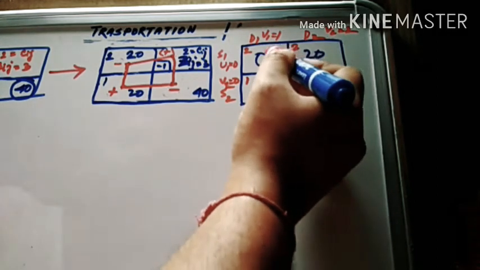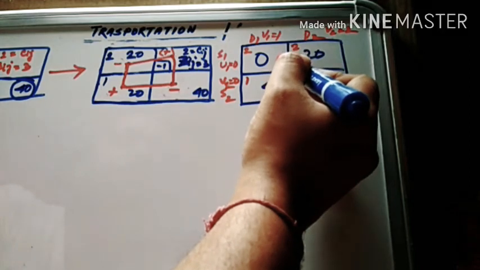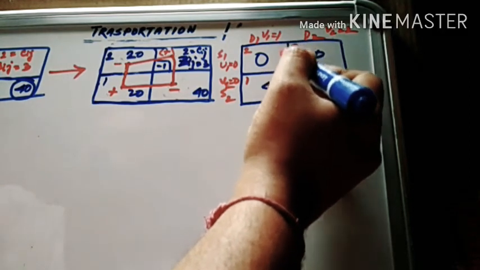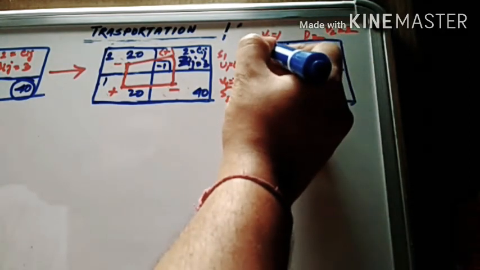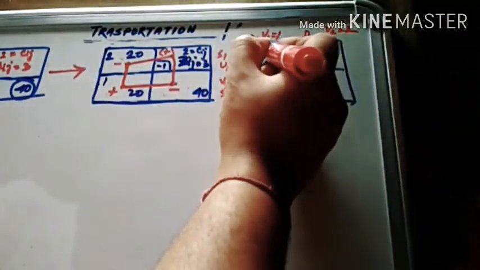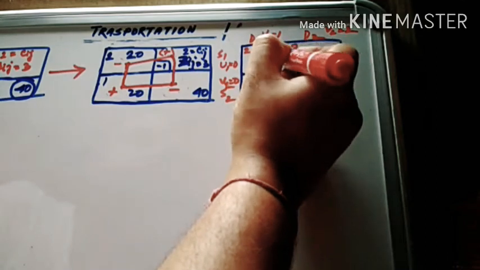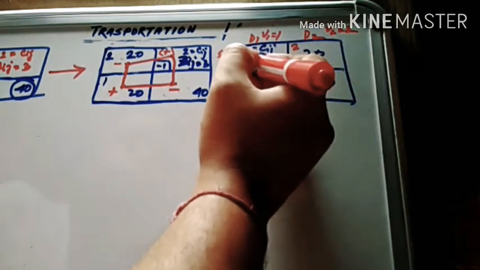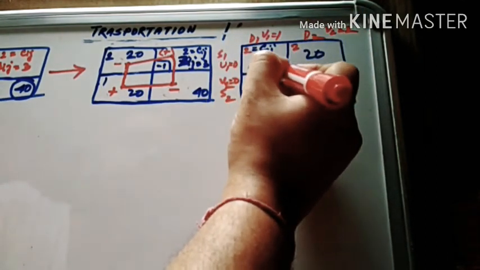Next we have to find the unallocated cell, and from there we can find the Cij and Zij values and the difference between the two. Here this one is the Cij value. Now the Zij value: how can we calculate Zij?